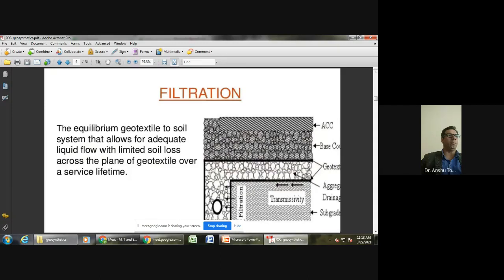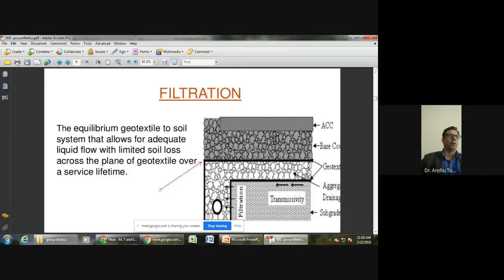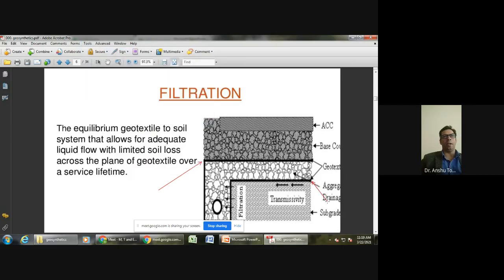Filtration: the equilibrium geotextile to soil system that allows for adequate liquid flow with limited soil loss. That means you have provided a layer here, and with the help of this layer you are allowing a limited amount of water to penetrate through it, so that the soil is retained where you want.